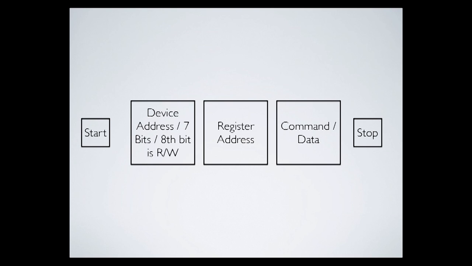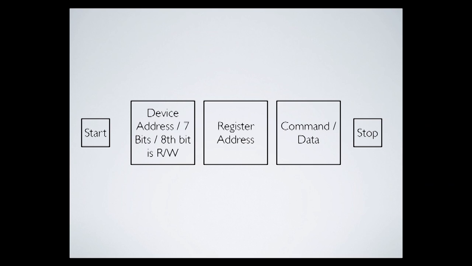So if you have an address of, say, 2, you really should have an address of 4. That's how you're going to address it if you look at it in binary to decimal conversion, because the least significant bit is actually used for read-write. So a 7-bit address, and then an 8th bit for read-write. We'll talk about this maybe in another episode about the I2C protocol, but just understand that the very first byte is an address, and it's read and write.